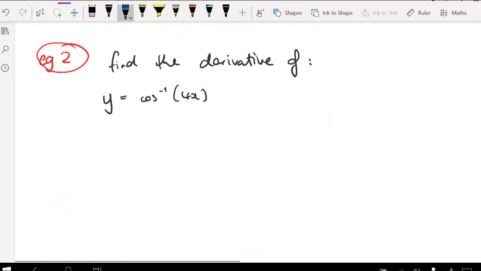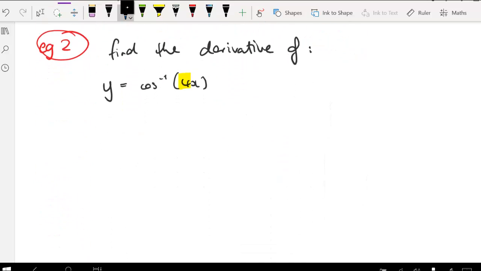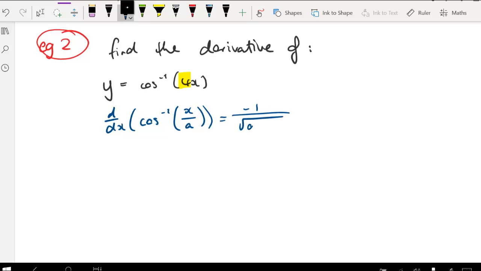Okay, so in the second example, we're looking to find the derivative of y is equal to arccos 4x. Now we know the rule. We know that d/dx of arccos of x on a is equal to negative 1 over the square root of a squared take x squared.